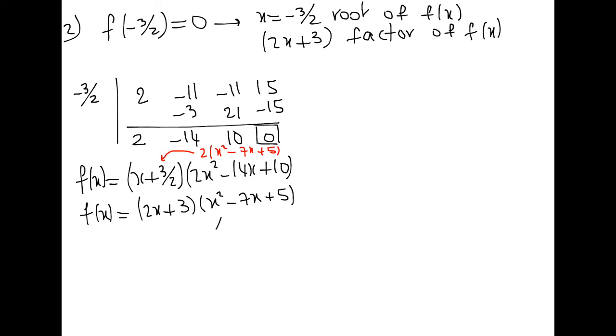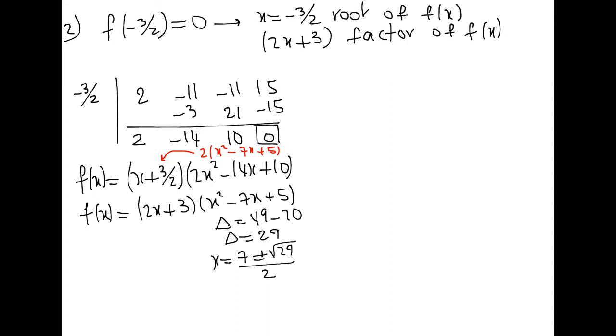So delta is 7 squared, which is 49, minus 4 into 5, which is 20. So delta is 29. Then x is 7 plus or minus square root of 29, over 2.